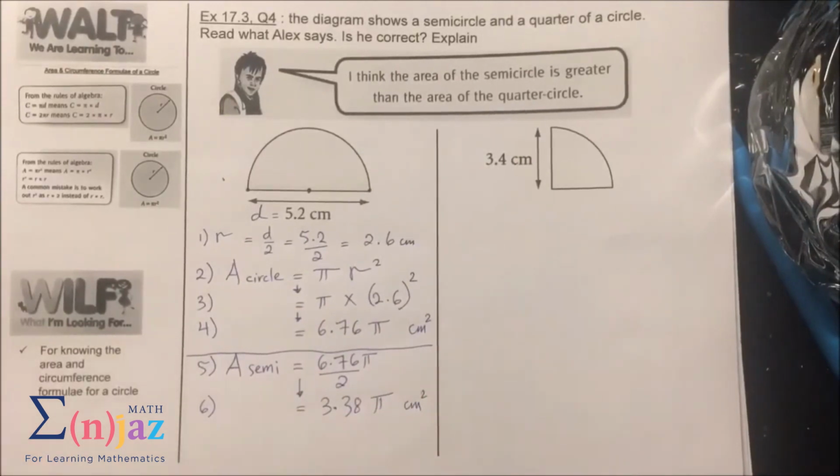We're going to leave our answer in terms of pi until we calculate the area of the quadrant, which is a quarter of a circle.